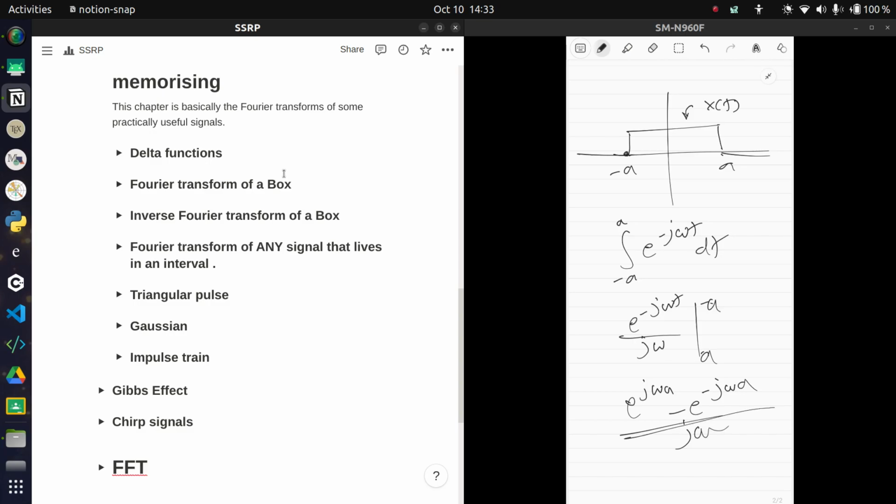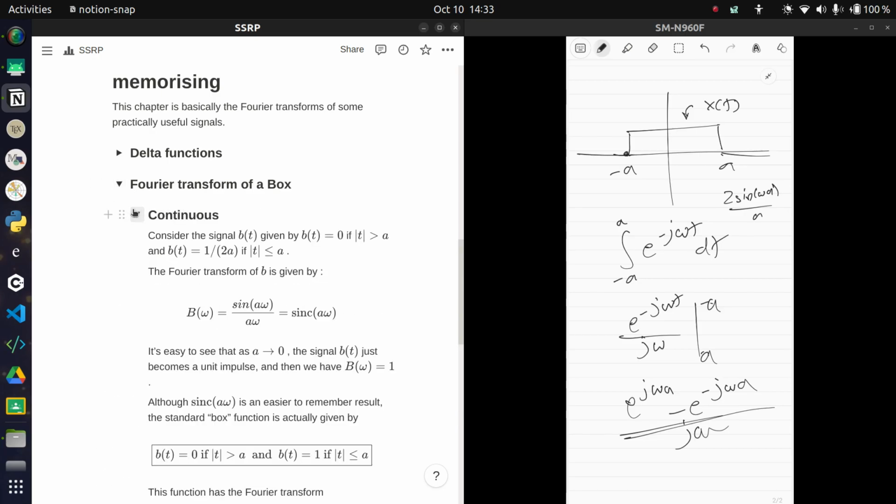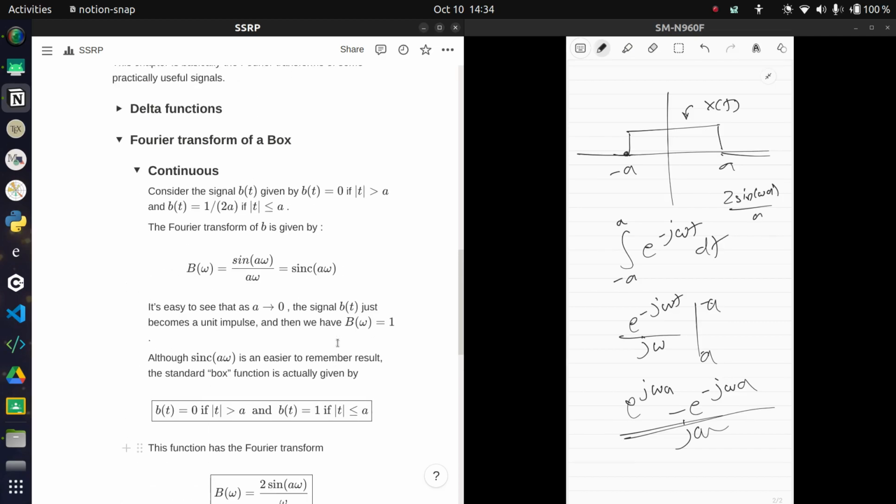You can see that it's 2 sine of omega a times j, of course. So it's just 2 sine of omega a upon omega. That's what you got, 2 sine of omega a upon omega. And I suppose that is in fact what we got. So just see box, continuous. The Fourier transform is 2 sine of a omega upon omega.